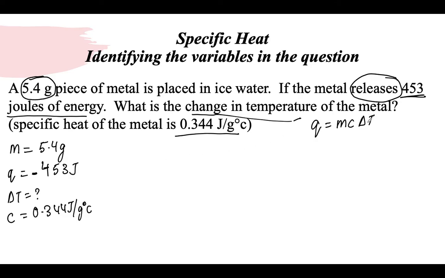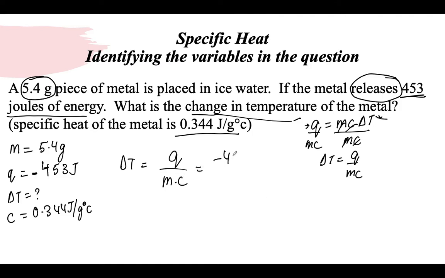Now here you need to solve for your formula because you need to figure out delta T. And the formula is actually just giving you Q right now. Divide both sides by MC. Cross them out. Delta T equals Q over MC.